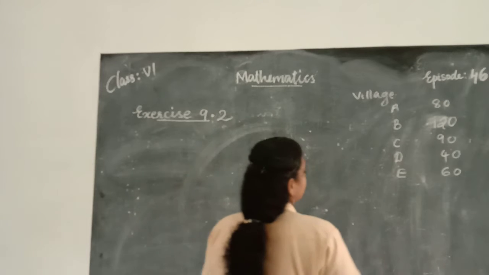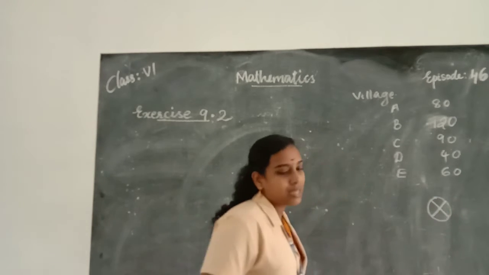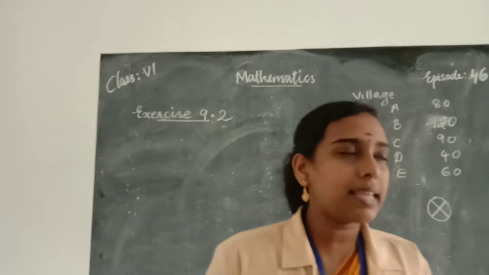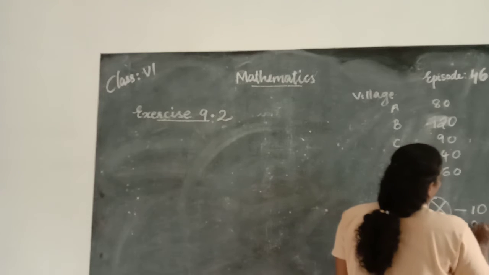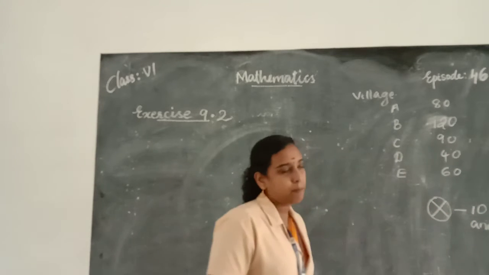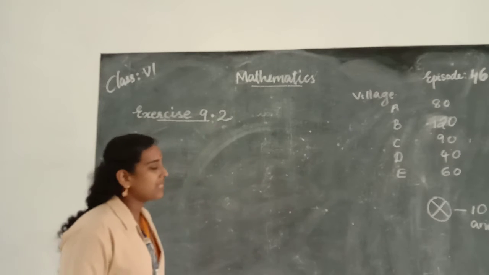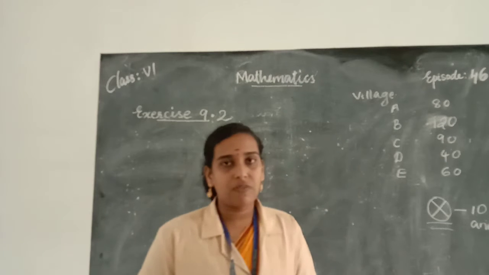So here the symbol is like this. This symbol represents animals, and this one symbol stands for 10 animals. So using this symbol, we want to represent the number of animals present in each village.